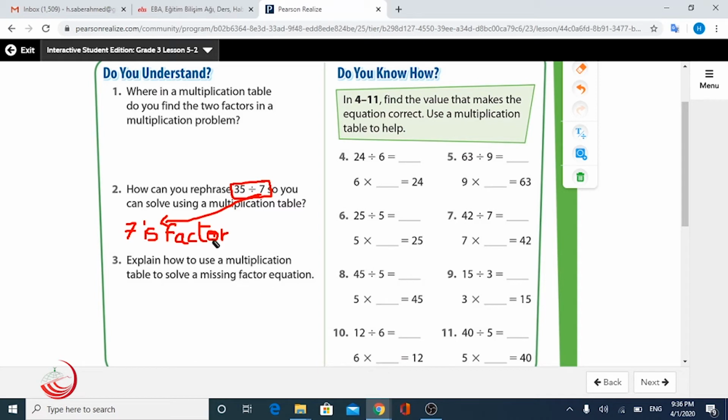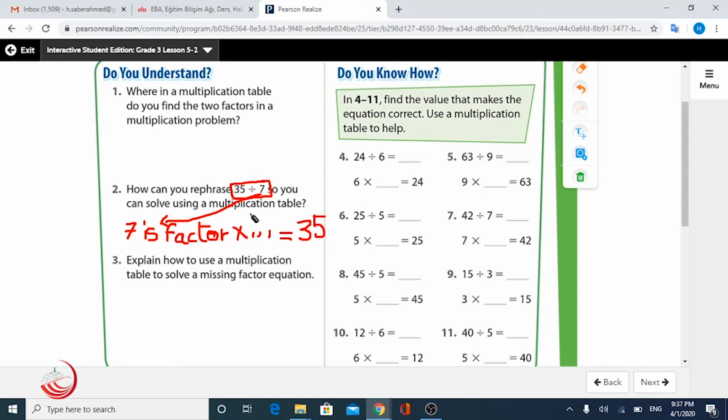Then I don't know the second factor. It's missing. I will name it missing factor, all right? Then I will go to find the 35. When I go across the row where 7 exists, I will find the 35 as a product. This is how I rephrase it.